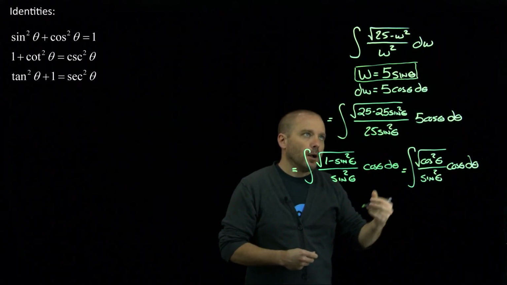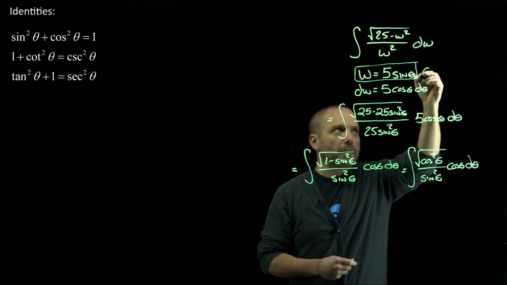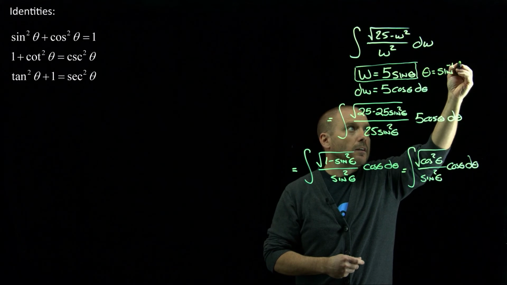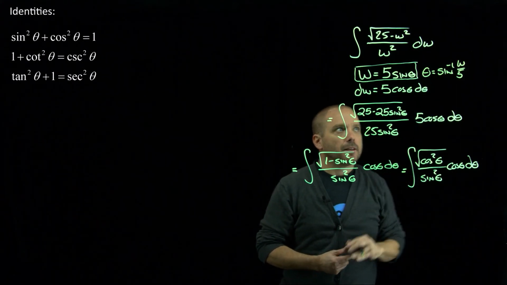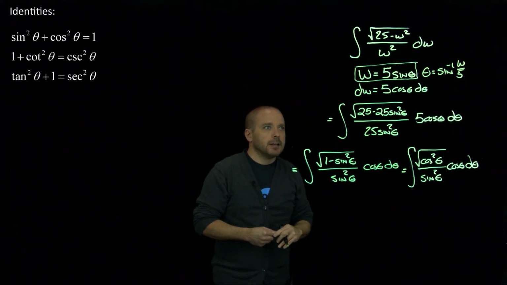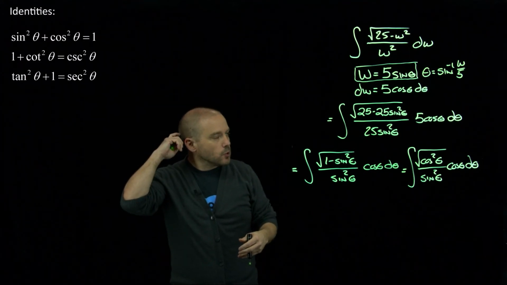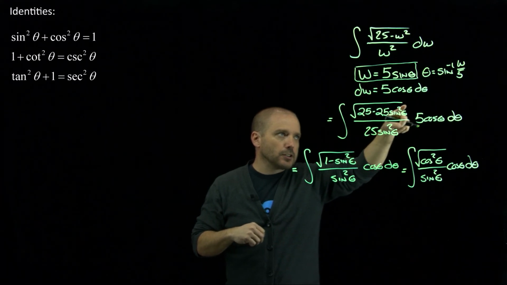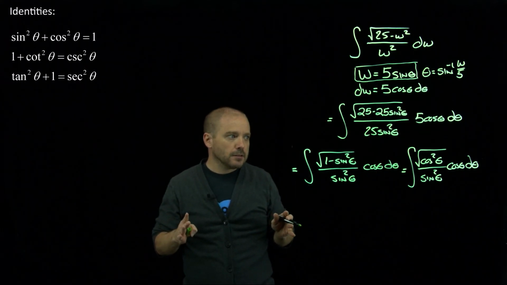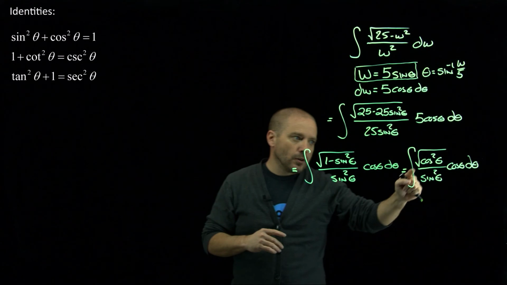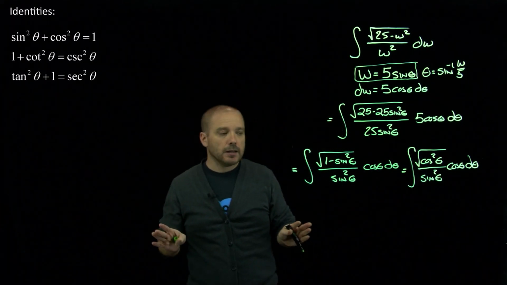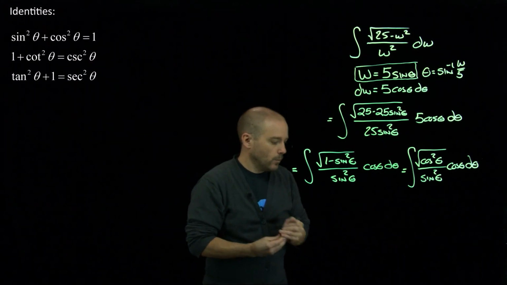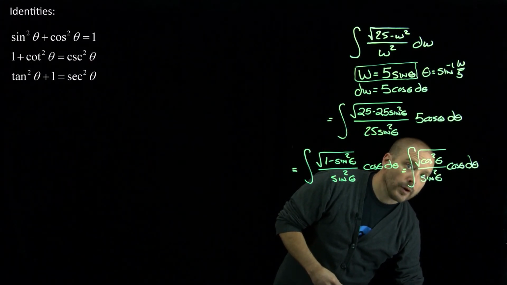So this really means that theta is sine inverse of w over 5. And again, much like the tangent situation, because we have to limit the domain in order to invert that function, theta can only be certain things. And those certain values happen to just be when cosine's not negative. So again, we get lucky, and we don't have to worry about the absolute value.